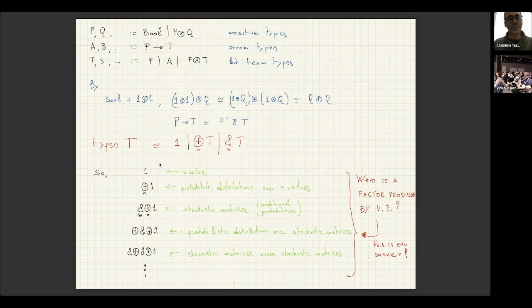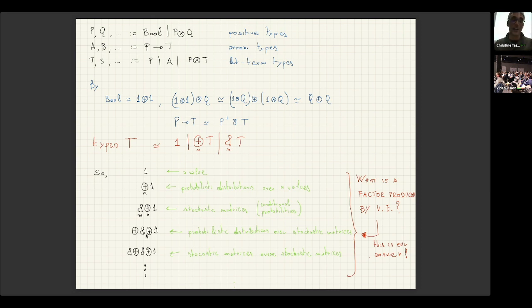Now, if you take just the tensor unit that represents just a value, something that is not probabilistic, if you take the finite coproducts of a value, you get what corresponds semantically to a finite probabilistic distribution. If you take finite products of finite coproducts, that corresponds to stochastic matrices.